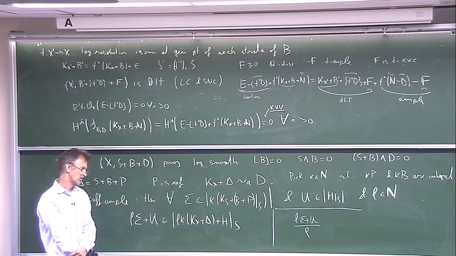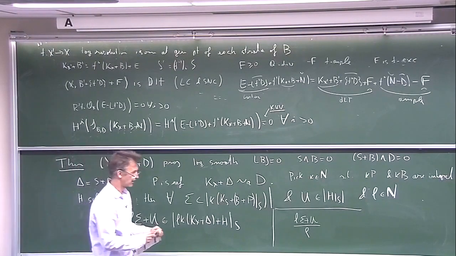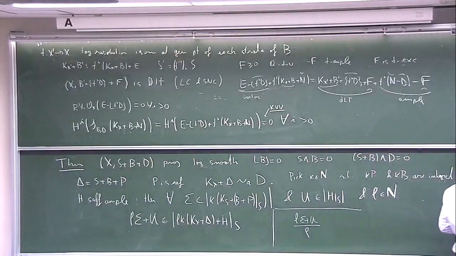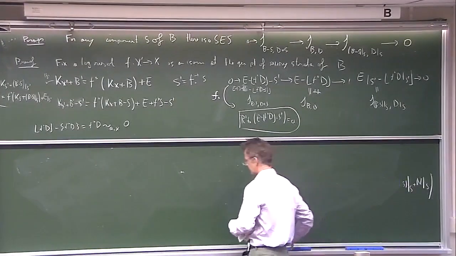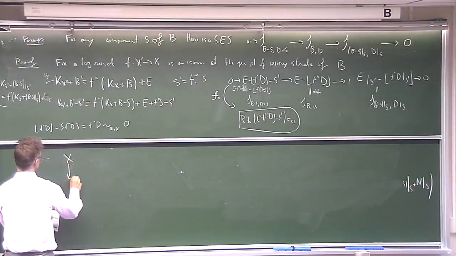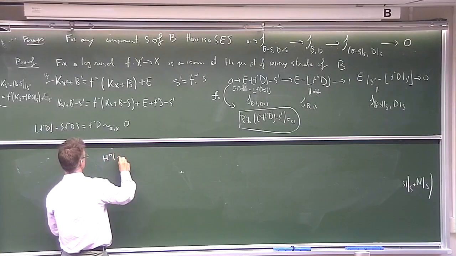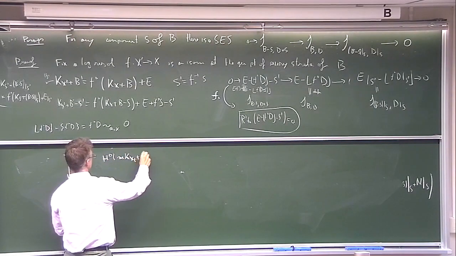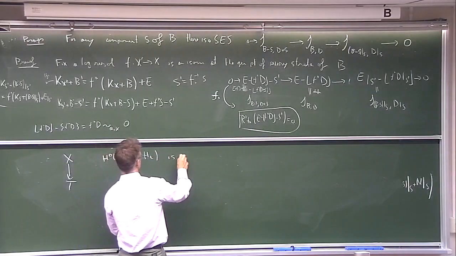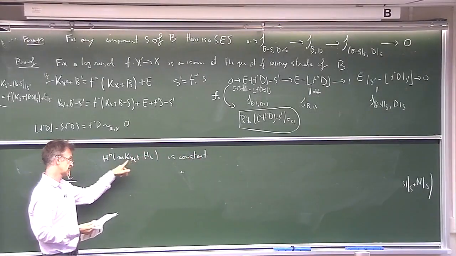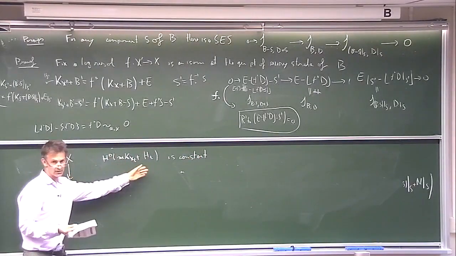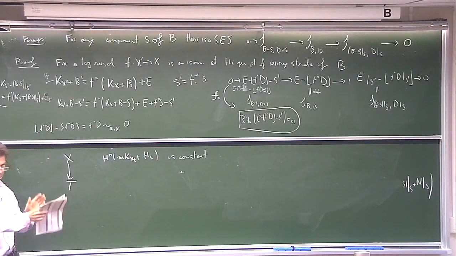But that's exactly how Hsu proved his deformation invariance of plurigenera. First, he shows that if you have a morphism from X to T, H0 of mK_{X/T} plus H_T is constant, meaning that for a fixed, sufficiently ample divisor, and any multiple of m, you can extend sections from a fiber to the whole space.